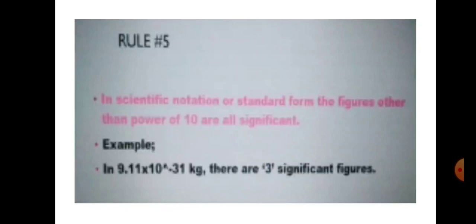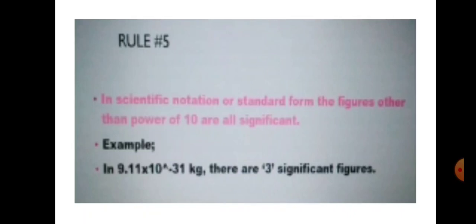Now we come to rule number 5. In scientific notation, if we have any value in the standard form or scientific notation, the figures other than the power of 10 are all significant. It means that we have the formula for scientific notation, N equals m multiplied by 10 power n. So the 10 power n is not significant, but the mantissa is always significant.